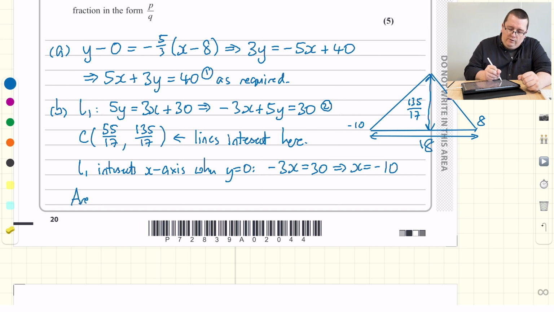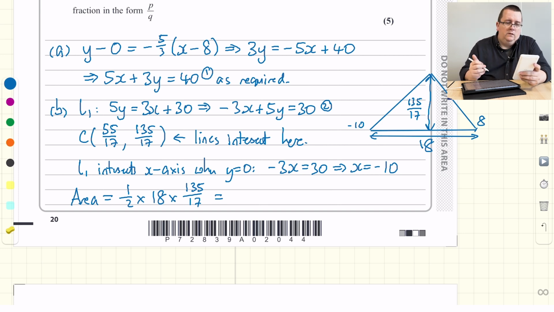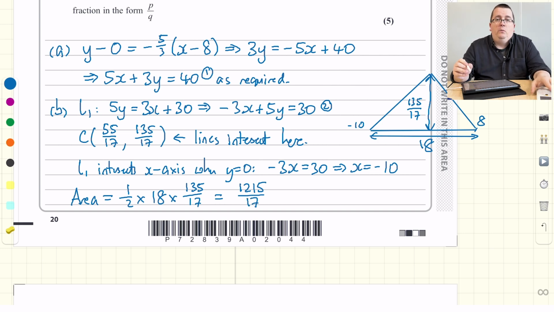So the area of the triangle is 1/2 times the base times the perpendicular height, which is 135 over 17. So 1/2 times 18 times 135 over 17 is 1,215 over 17. And that's in the format we want.